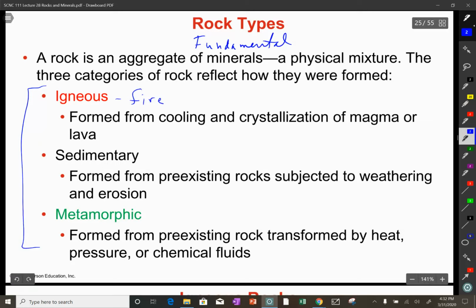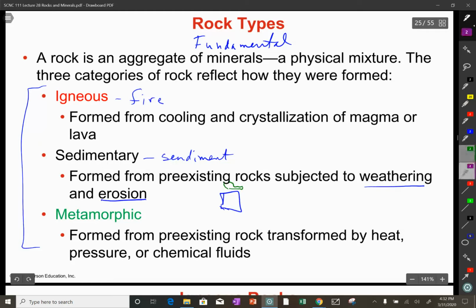Sedimentary rocks are rocks that form from sediment, of course. That is, you had a bunch of little pieces of rock, and how did they form? Well, weathering and erosion. Weathering is breaking down a rock. Erosion is transporting it. So if I have a rock here, and I have Jim Bob who walks on that rock, here's Jim Bob's foot.